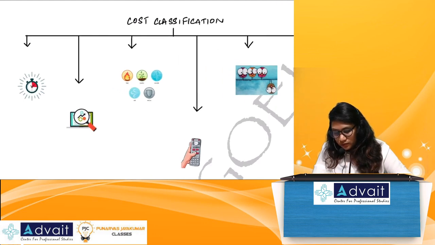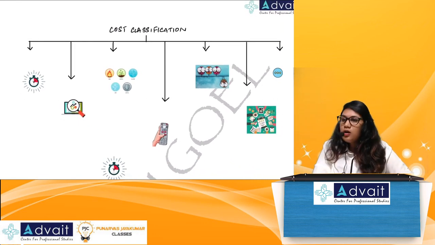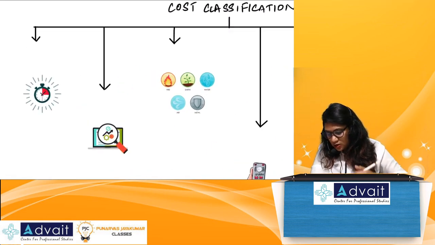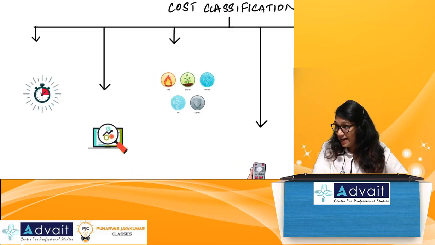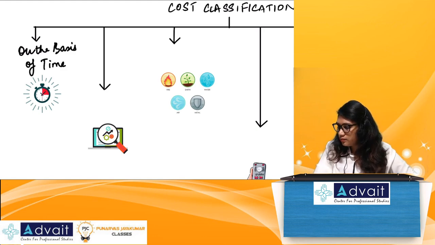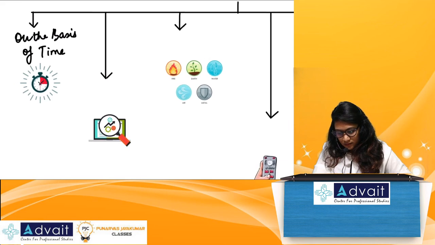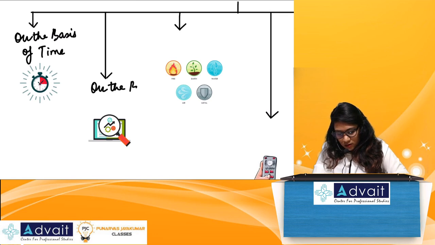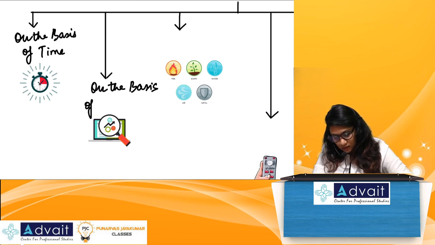Okay, so cost classification. Costs can be classified on the basis of certain criteria. Okay, what is that? First one, time. So on the basis of time, first one. Next, on the basis of behavior.